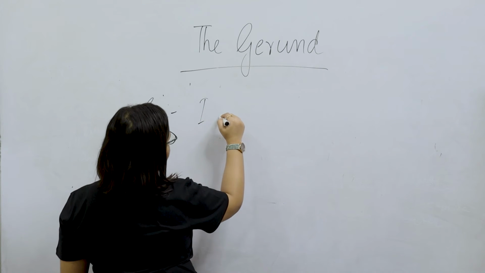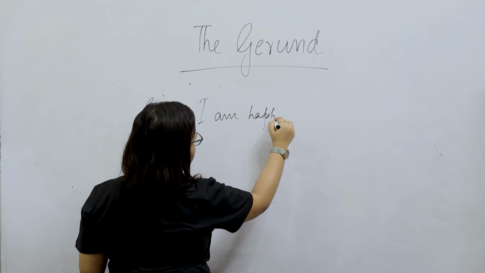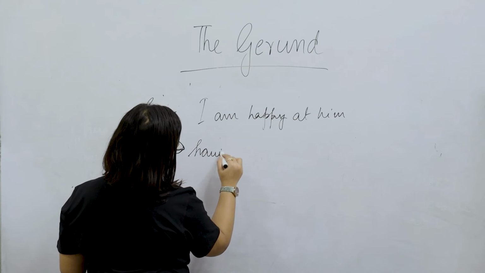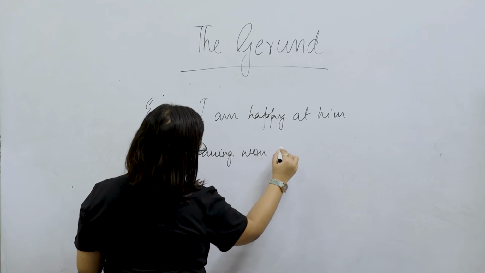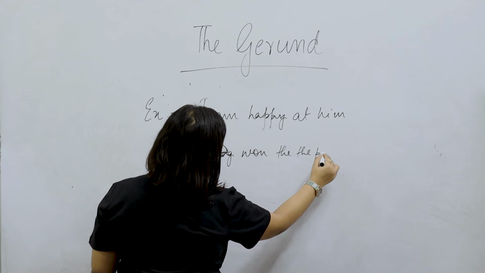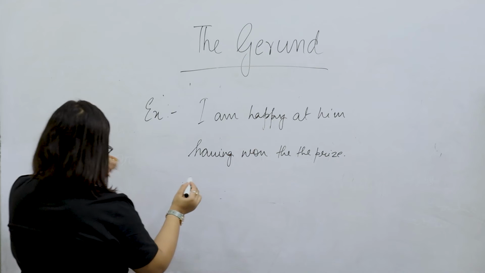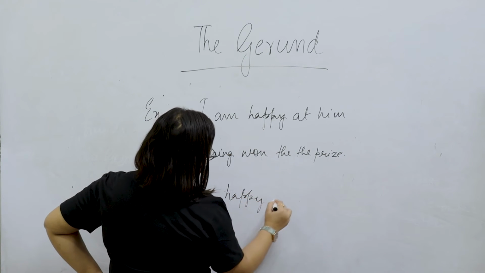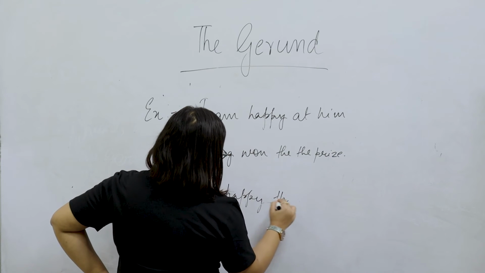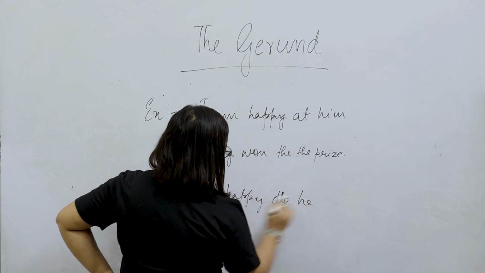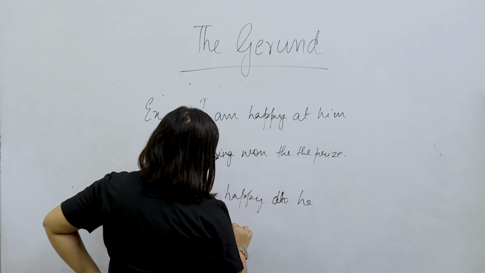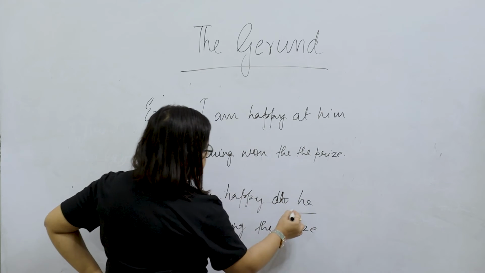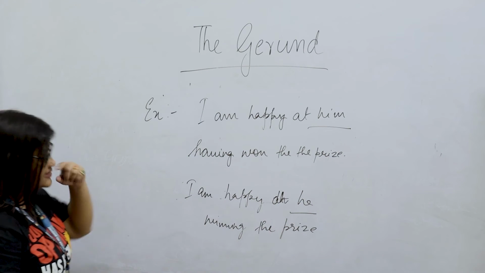If we say, I am happy at him having won the prize. The next one could be, I am happy at he winning the prize. So in both these sentences we are using he and him, but the meaning of the sentence remains the same.